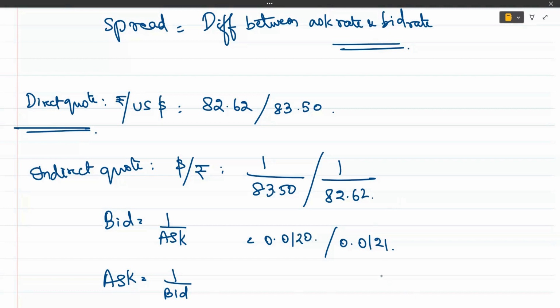Only if I do like this, bid will be less than ask. Always ask rate should be greater than the bid rate.